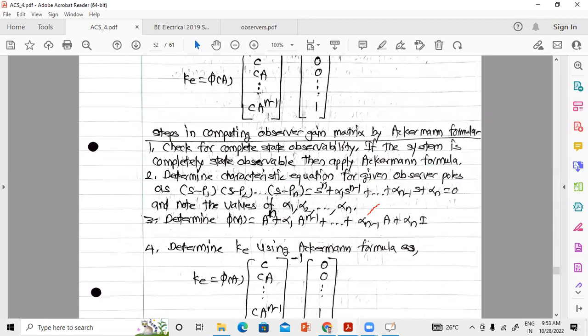After that, determine the characteristic equation for a given observer. Whatever eigenvalues you are given for designing the observer gain matrix, from that constitute your closed loop characteristic equation as s raised to n plus alpha 1 s raised to n minus 1 plus up to alpha n minus 1 s plus alpha n is equal to 0. Like this, you constitute your equation.